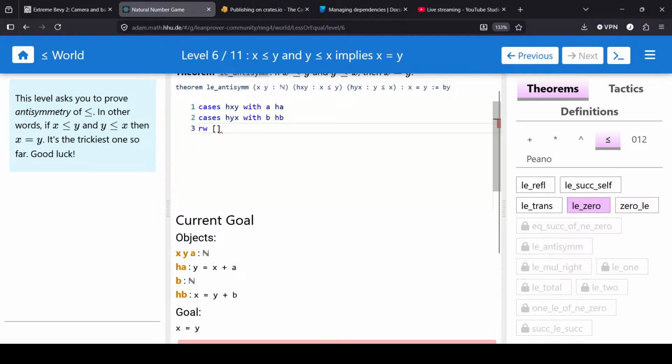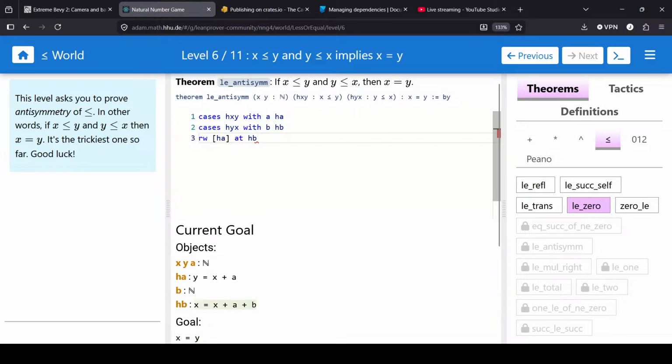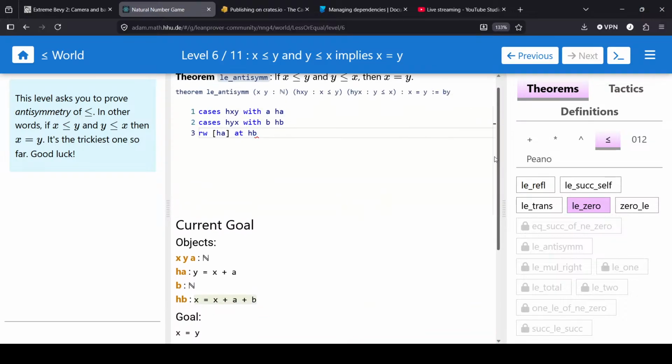So if I do rewrite HA with, or like at HB, I get this. It kind of mutates my HB though into something else when I rewrite it like that.